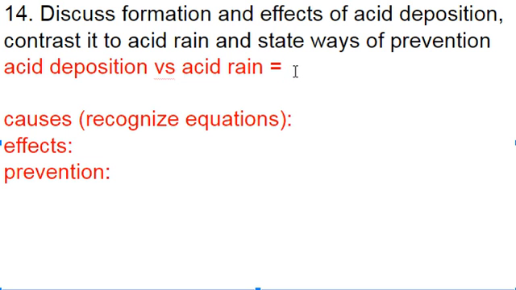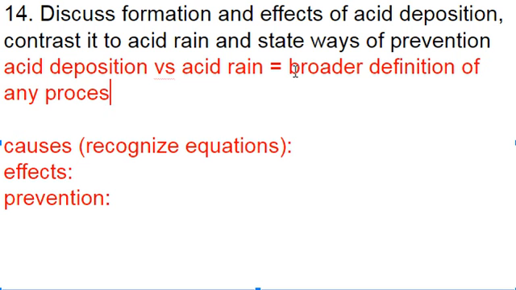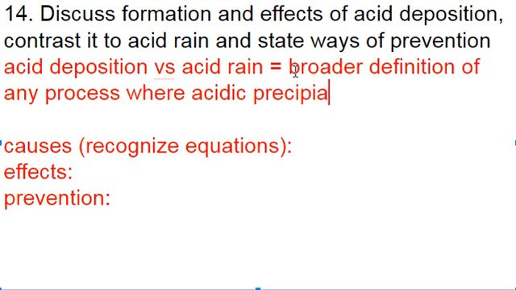So acid deposition is a broader description or definition of any process where acidic precipitation is removed from the atmosphere.